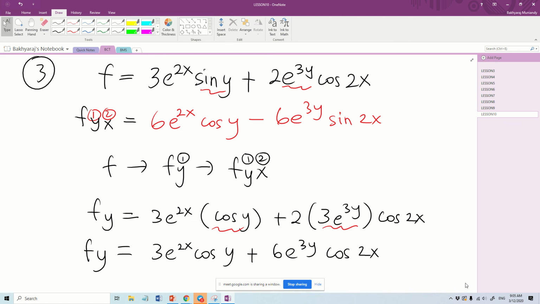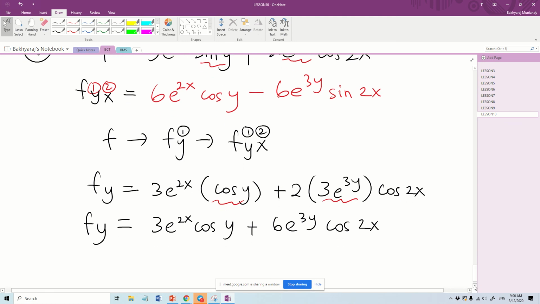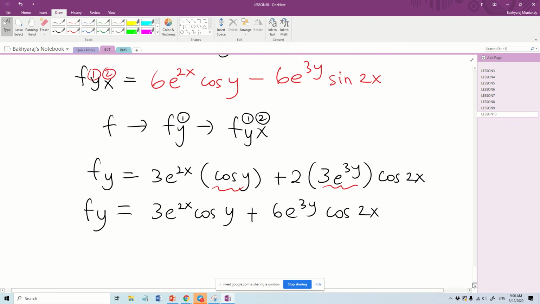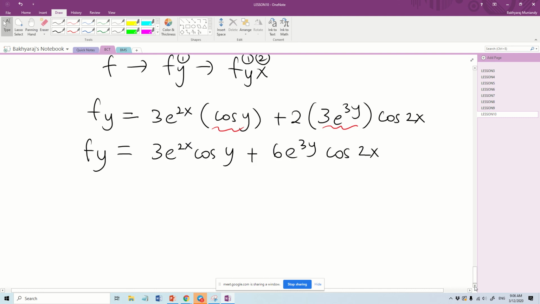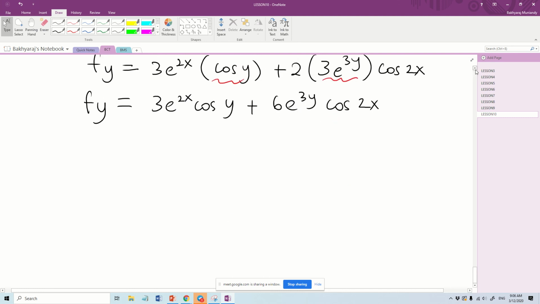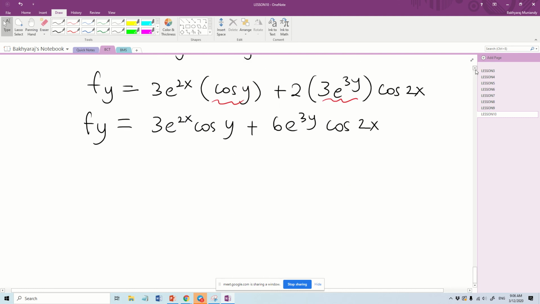Next we go for the second derivative, which is x. So I want to differentiate the function with respect to x. Now I need to look for anything where I can see x. I have exponent 2x and cos 2x, so these are the terms that have x.